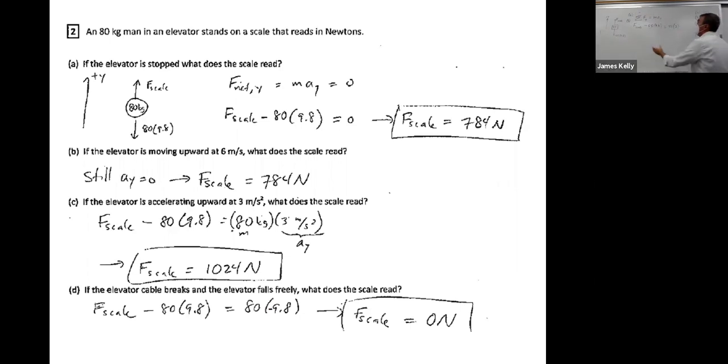And therefore, in B, the scale force is going to be bigger than it was before. It was 55 times 9.8. Now it's that plus 55 times 3, a bigger number, 704 newtons. You feel in every respect just like you're heavier.